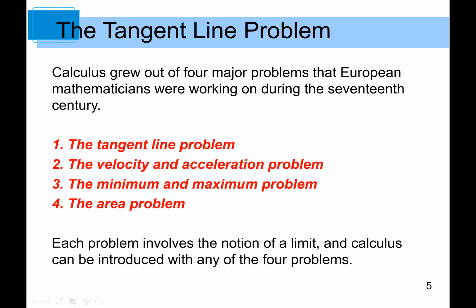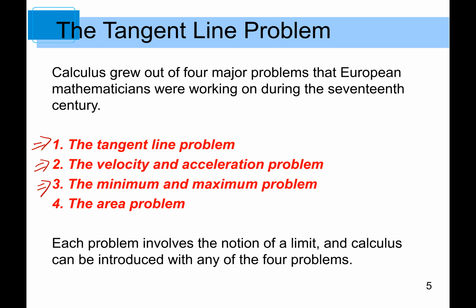In calculus, we have four major problems that mathematicians were working on during the 17th century. The first one is the tangent line problem. The second one is the velocity and acceleration problem. The third one is the minimum and maximum problem.